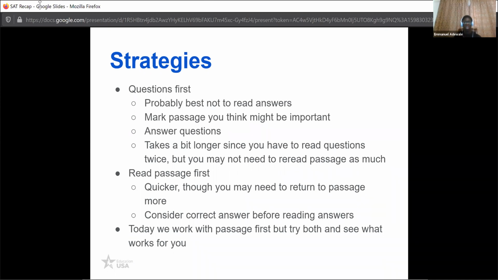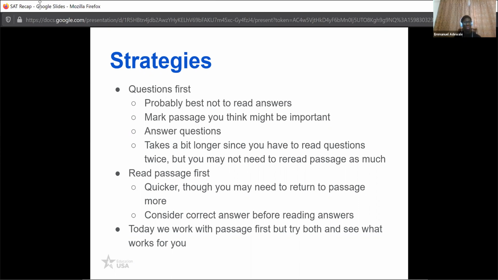Make sure that you mark through the passages that you might think will be important, and answer the questions accordingly. It might take you a bit longer reading questions twice as you answer them while reading through the passage, but you may not need to reread as much. So depending on how well that works for you, that is also a strategy for tackling it.